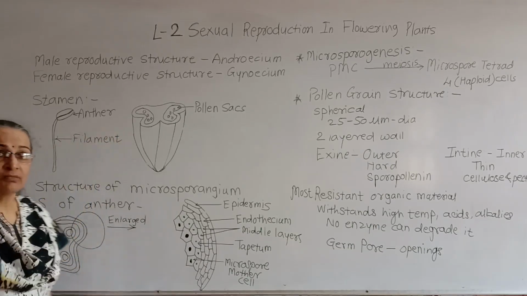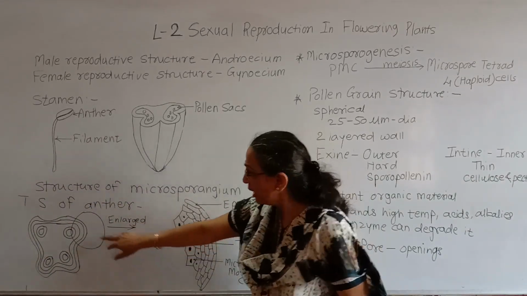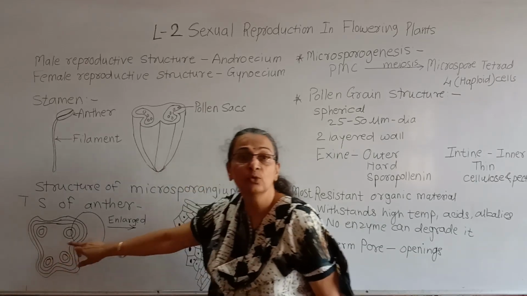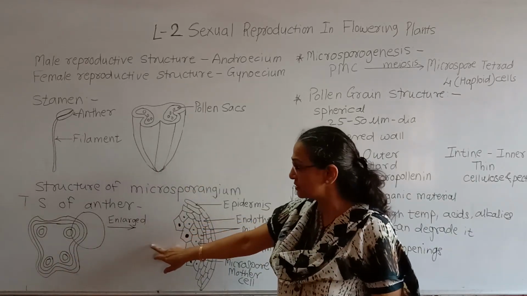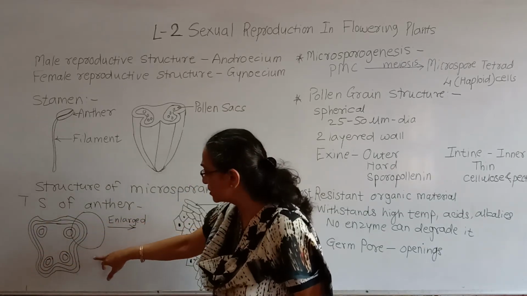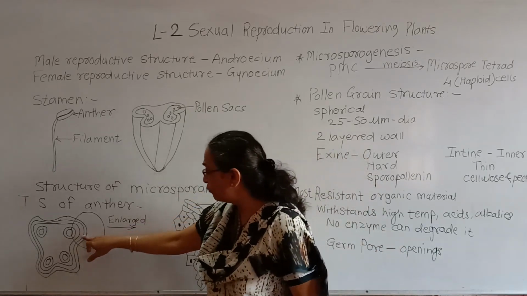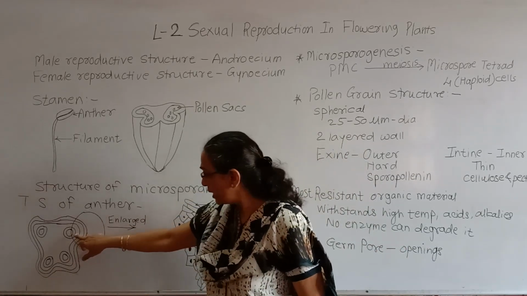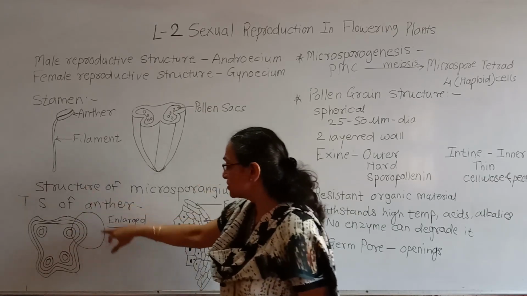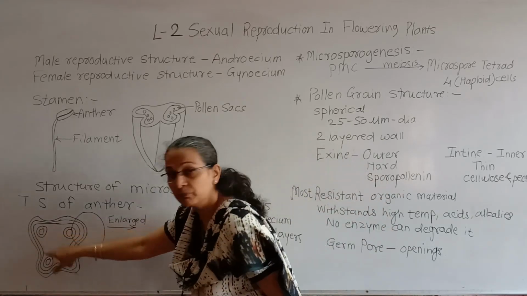So, in an anther, you can see in the transverse section at 4 corners, 4 microsporangia structures. This is a tetragonal structure, a 4-sided structure. This microsporangium has 4 wall layers, and next to it is the microsporangium, this one.